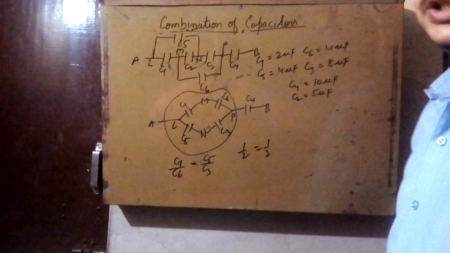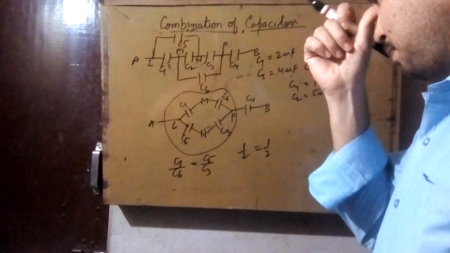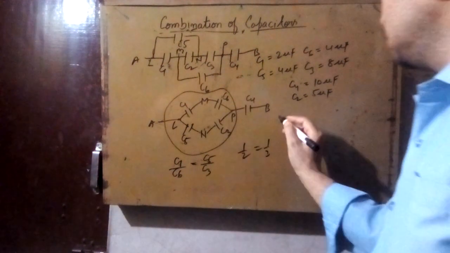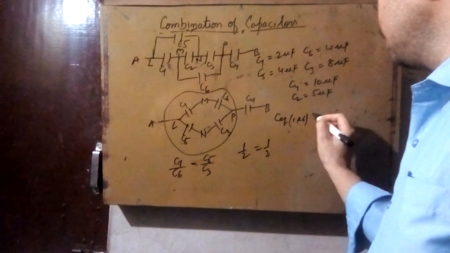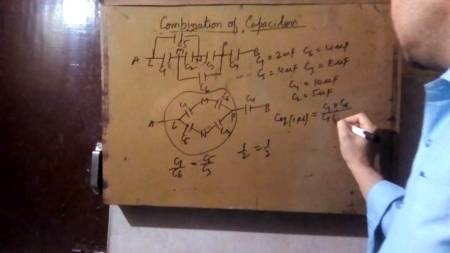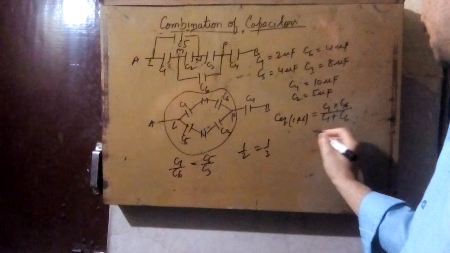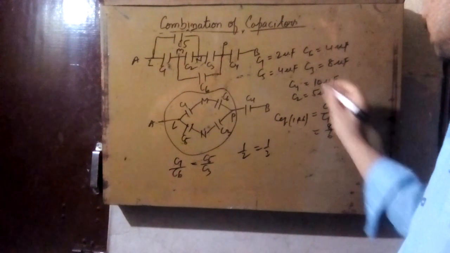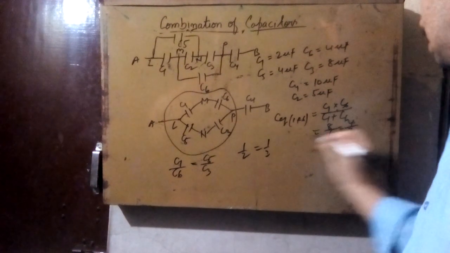Now you can easily see which capacitors are in series and which are in parallel. C1 and C6 are in series. So what is the equivalent of C1 and C6? C1 into C6 by C1 plus C6. So 2 into 4 is 8, and 2 plus 4 is 6, so it will be 4 by 3.